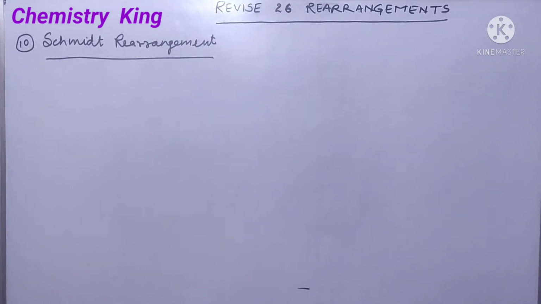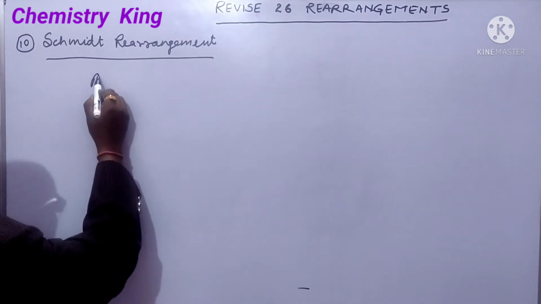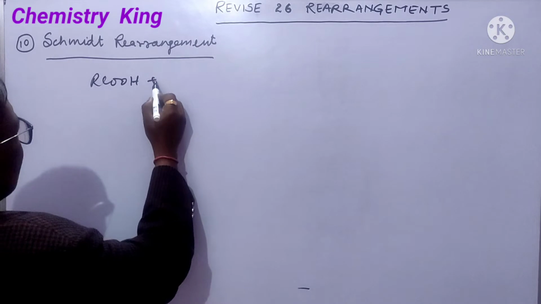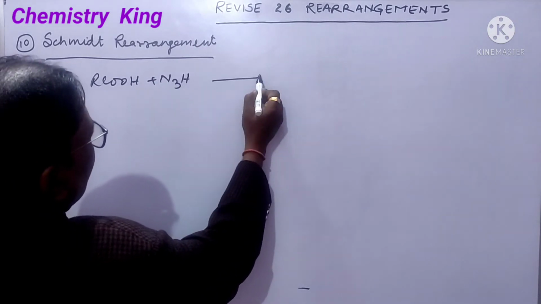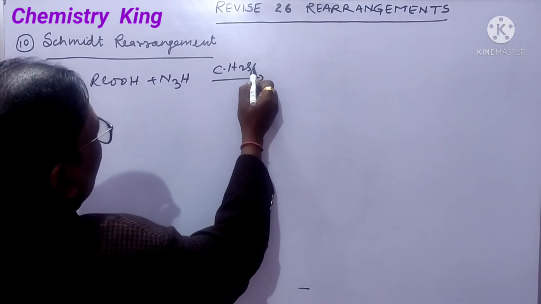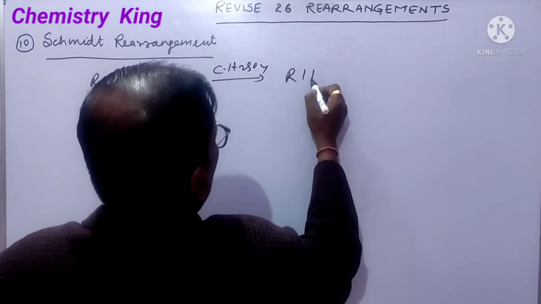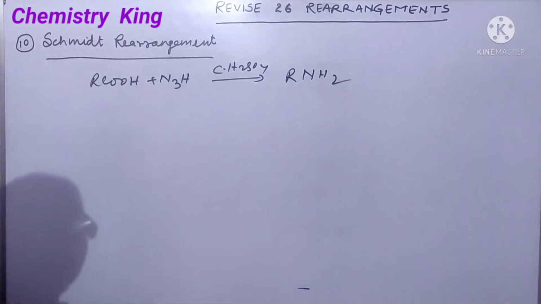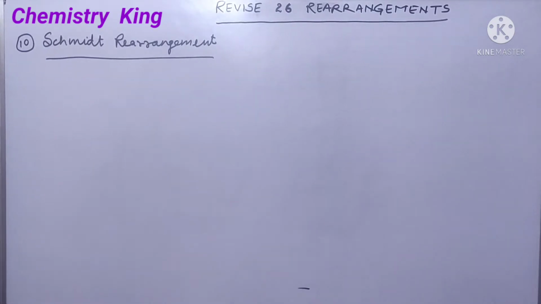Number 10, Schmidt rearrangement. When carboxylic acid is heated with hydrazoic acid in presence of strong sulfuric acid, primary amine is formed. What will be its mechanism? It is carboxylic acid.